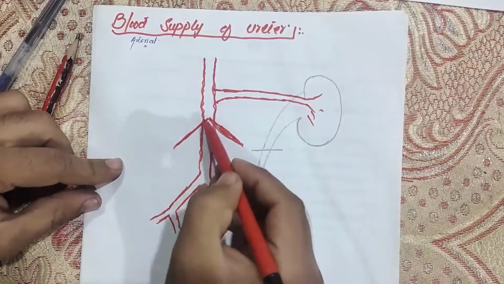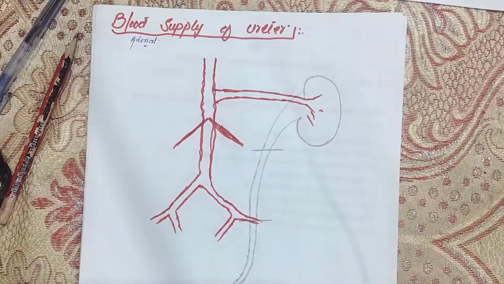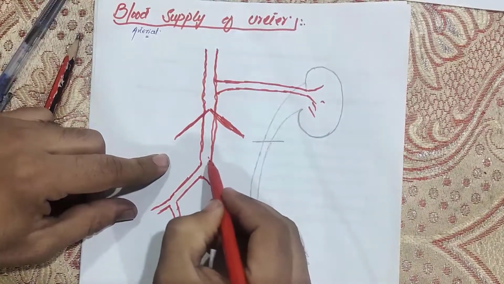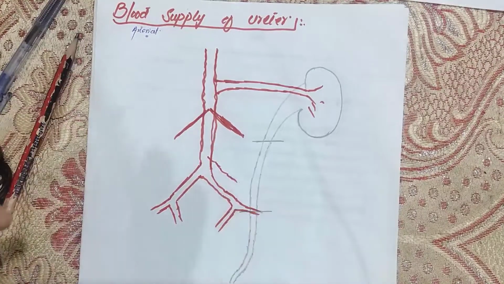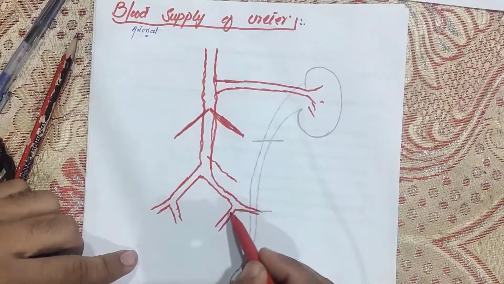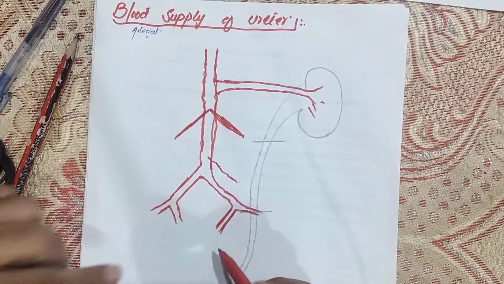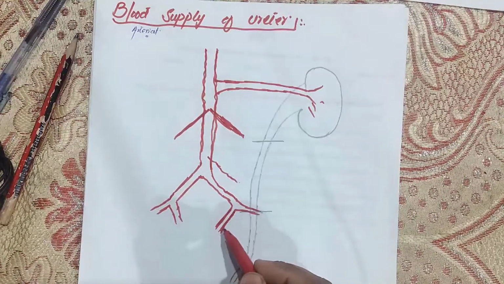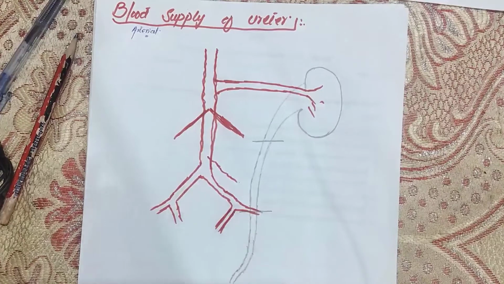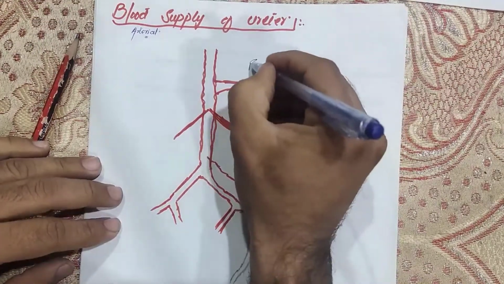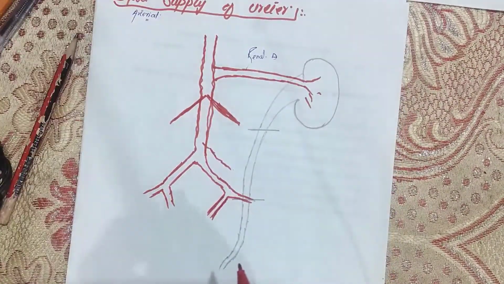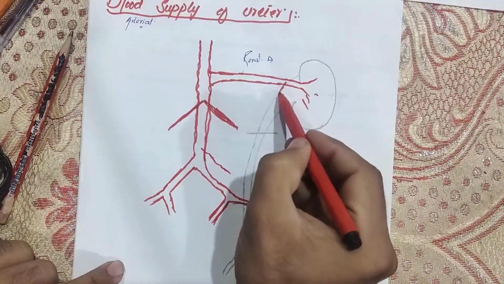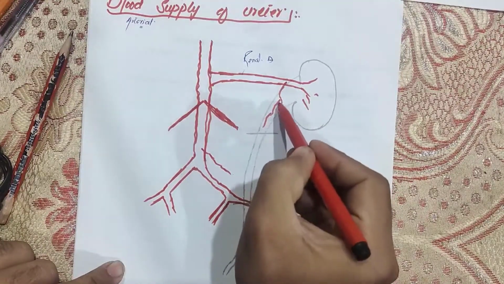If we come a little bit down, from here there is a separate branch which supplies blood to your ureter. And then there is the internal iliac artery, from which there are many branches which will give blood to your ureter. And from the renal artery there are branches which supply blood to the ureter.